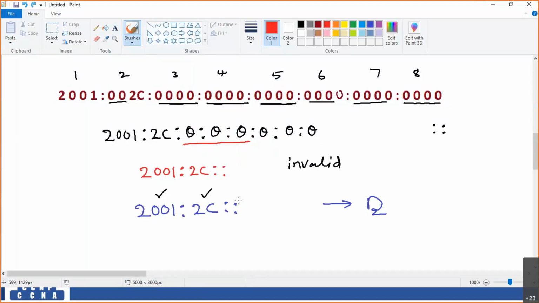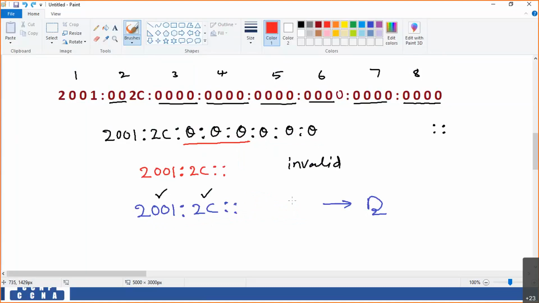Of course we can write like this also, 2001:2C:0:0:0:: but why are we writing like this? We can represent it simply. IPv6 simplification is what you're doing here.